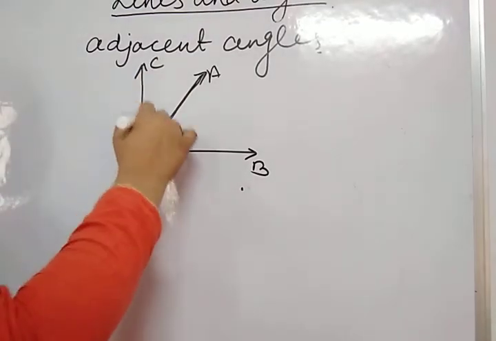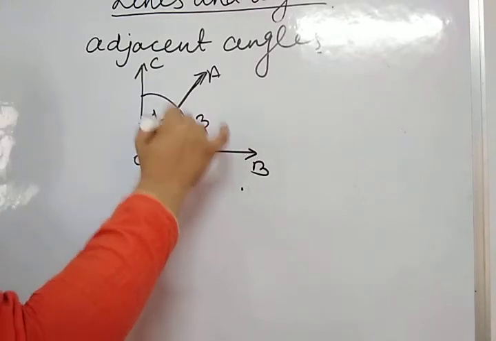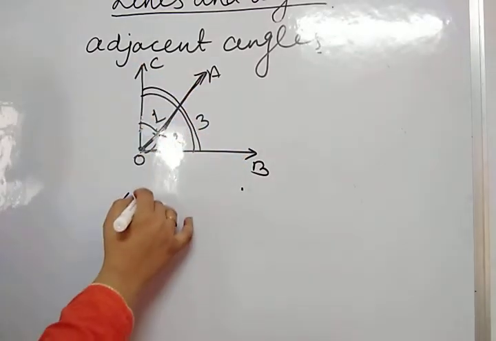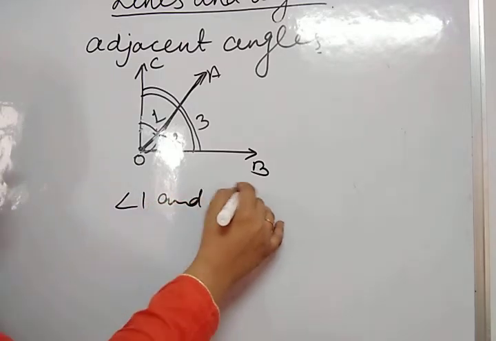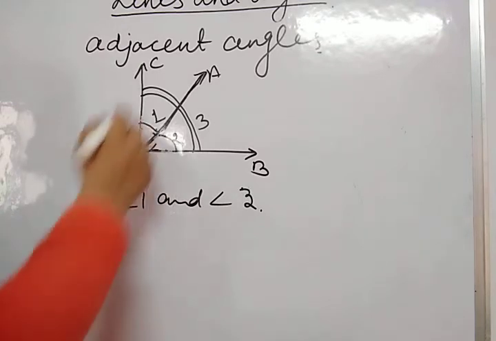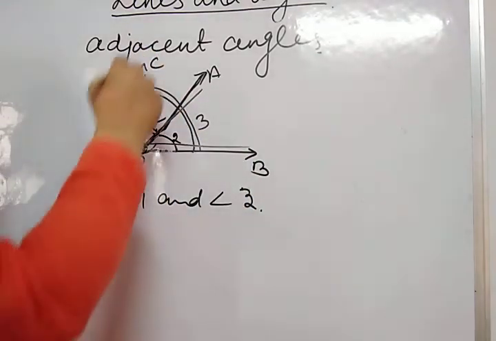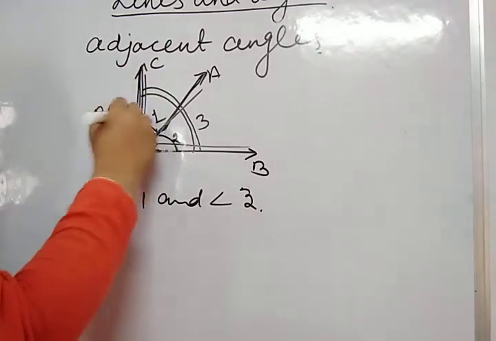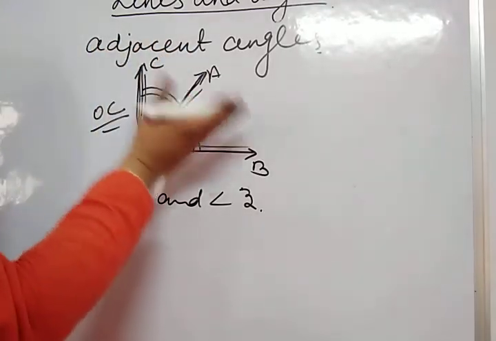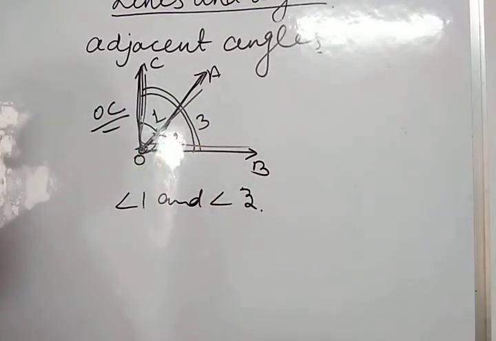Angle 1 and angle 3 are not adjacent angles. Although angle 1 and angle 3 have a common vertex and a common arm OC, the uncommon arms OA and OB are on the same side of the common arm.